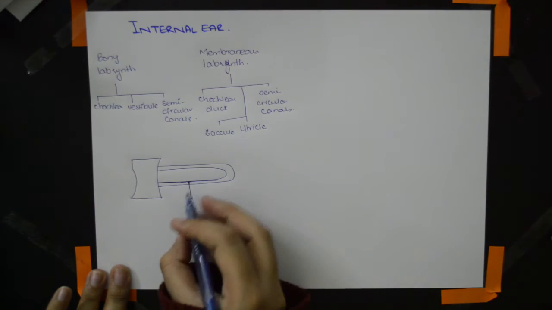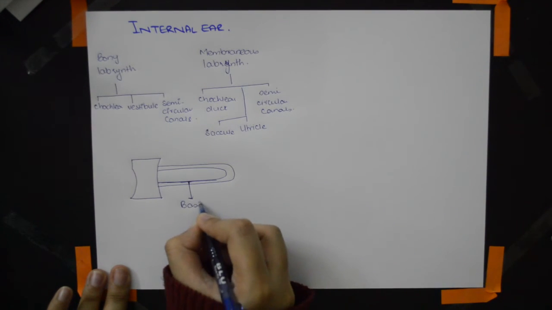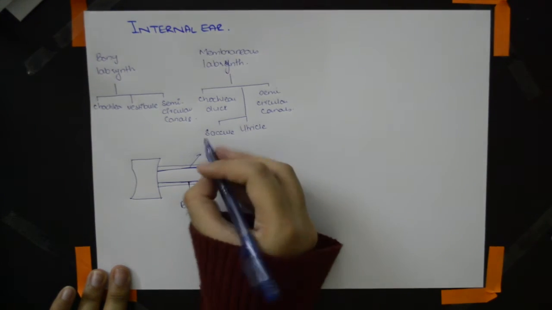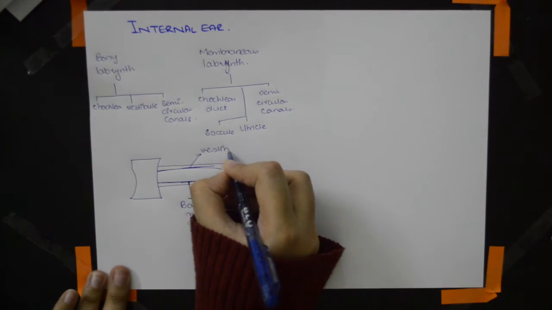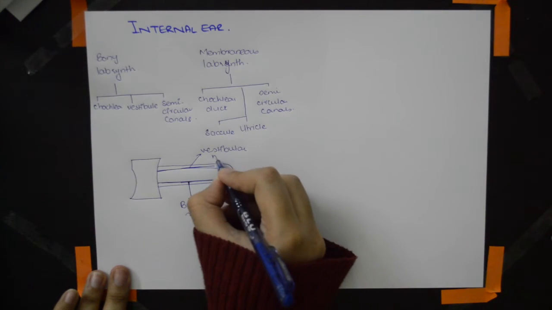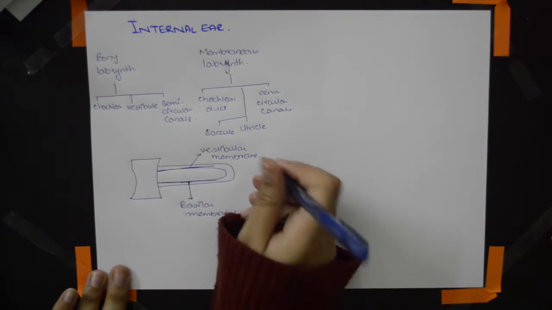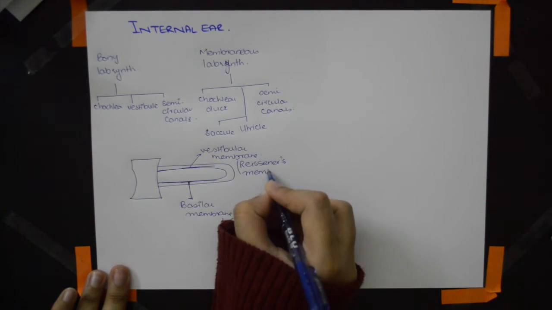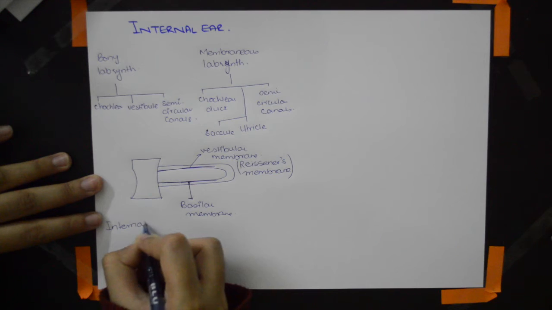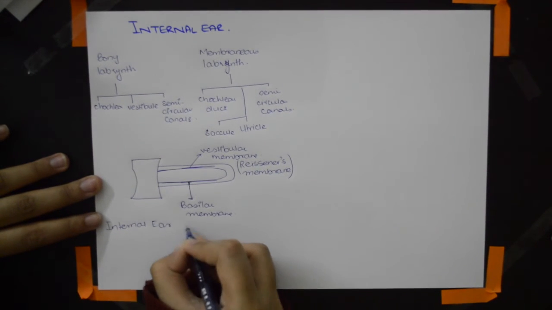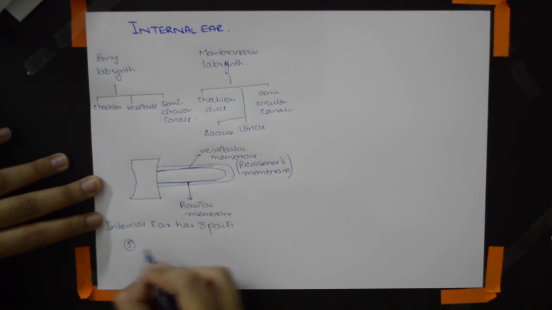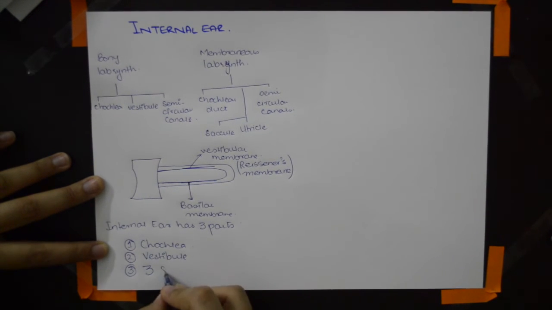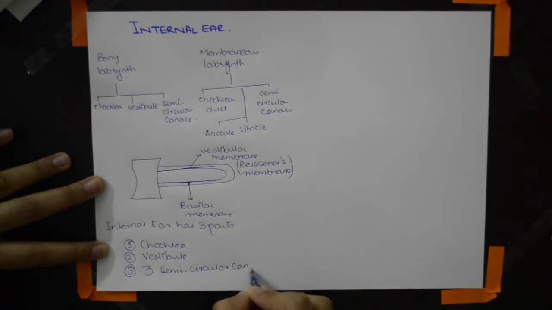This part is the basilar membrane, and this part is the vestibular membrane. It's also called Reissner's membrane. The internal ear has 3 parts: cochlea, vestibule, and 3 semicircular canals.